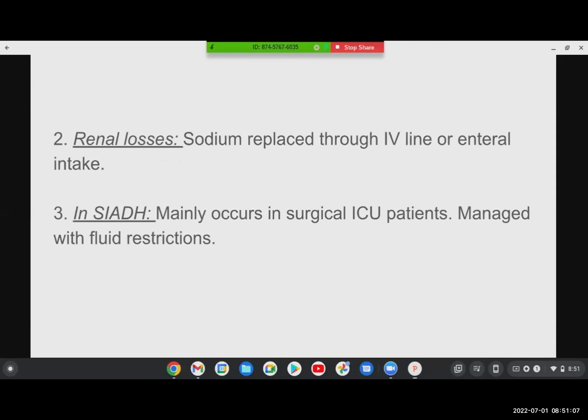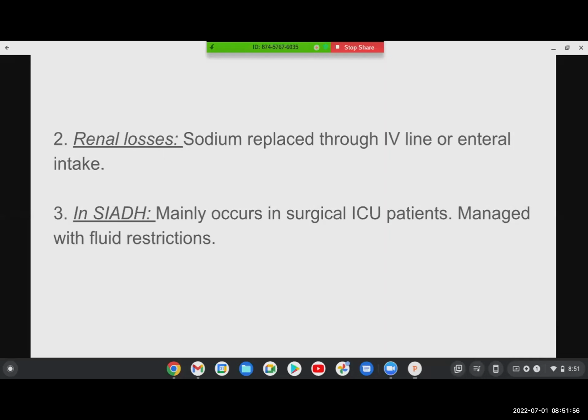Okay, so renal losses occur in patients with diabetes insipidus. Renal losses also occur in patients with cerebral injury when there is excessive natriuretic peptide release, like ANP or BNP.